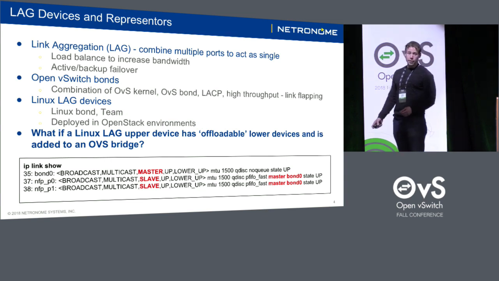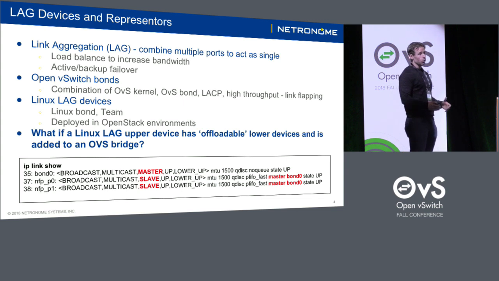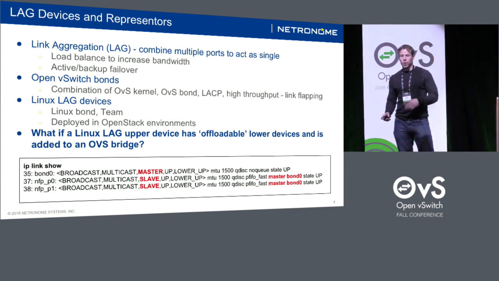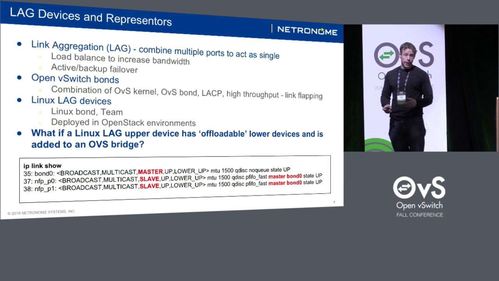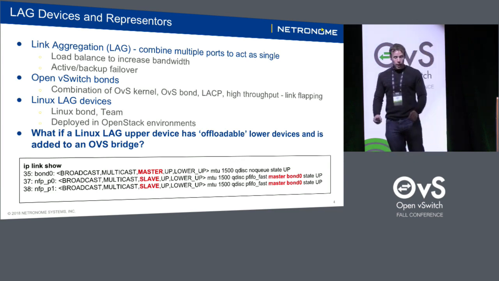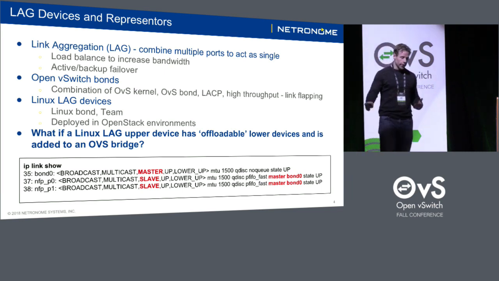So lag devices, quite simply, are a way of grouping together a series of ports to act as a single port. There are two real reasons to do this. Firstly, you may want to increase the bandwidth over a given link, so we load balance our traffic across the grouped together lag ports, and we thereby improve the bandwidth efficiency across the link.